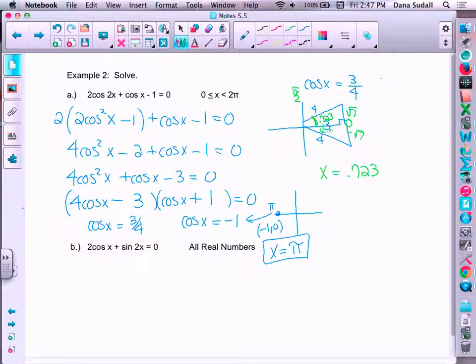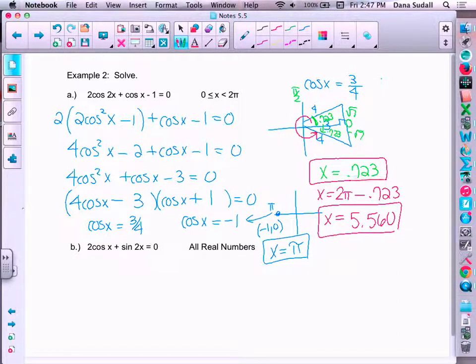This angle is also 0.723. To get the angle that goes from that initial side to this hypotenuse, I could take 2 pi and subtract that 0.723 from it. And if you put that in your calculator there, you get 5.560. So those three values solve that equation.